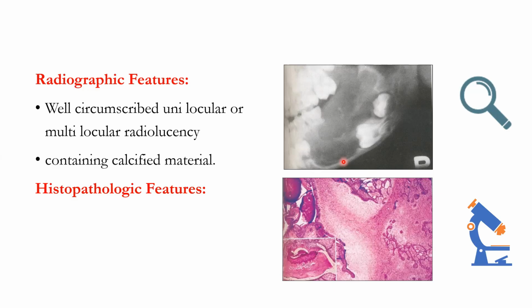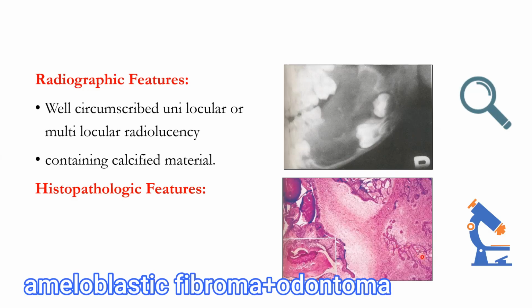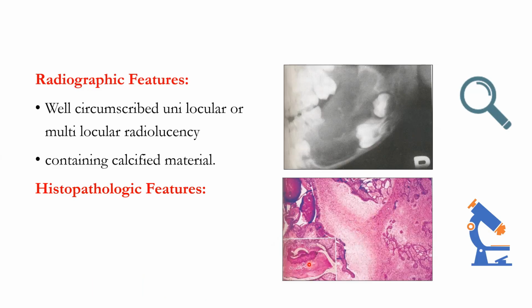Histopathologically, we will see a combination of the histopathological picture of amyloblastic fibroma and the odontoma, hence the name amyloblastic odontoma, isn't it? You can see here that there are thin strands within the primitive ectomesenchyme, as well as on the other side of the section we'll also see calcified material, which might be depicting the calcified structures of the tooth.